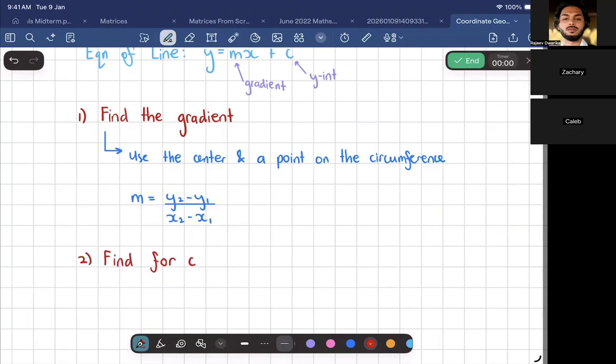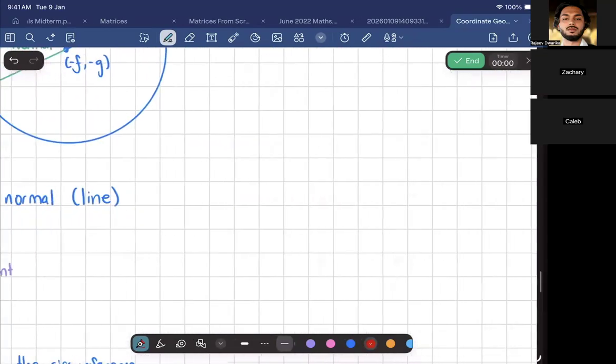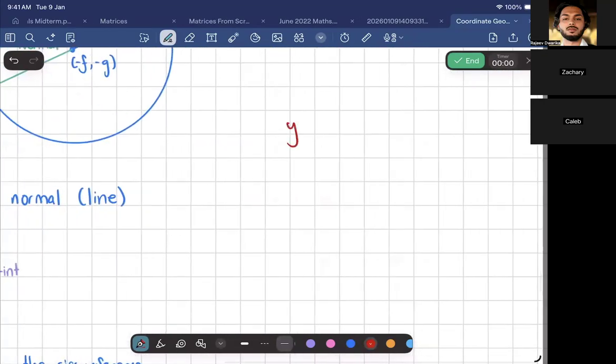This is one way you could do it. Maybe in school you might learn it a different way, like y minus y1 is equal to m by x minus x1. In case you didn't know, there are two different ways you could represent a circle. Well, similarly for lines.